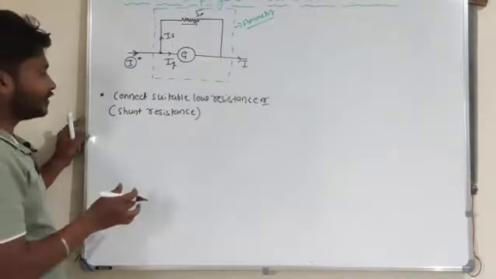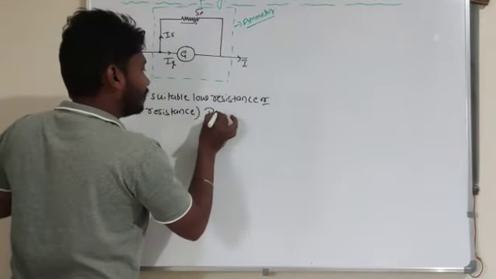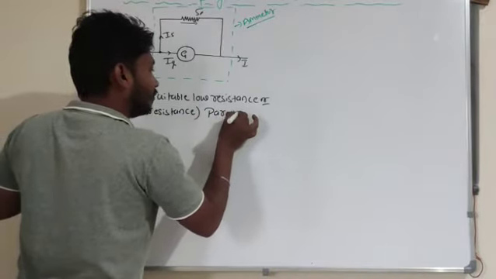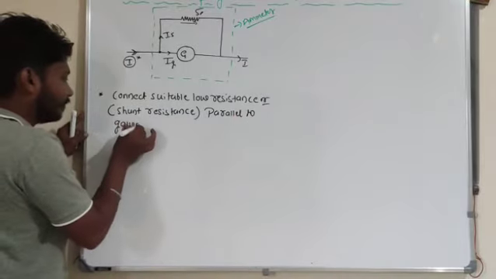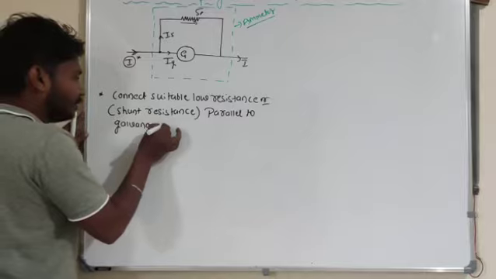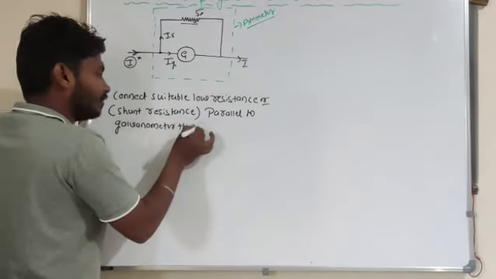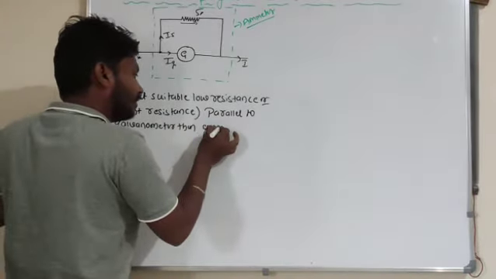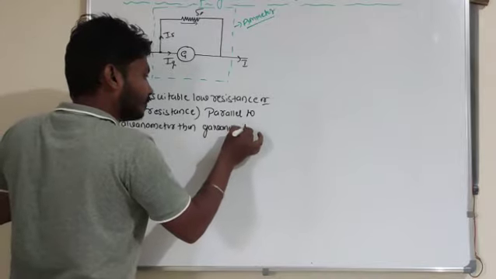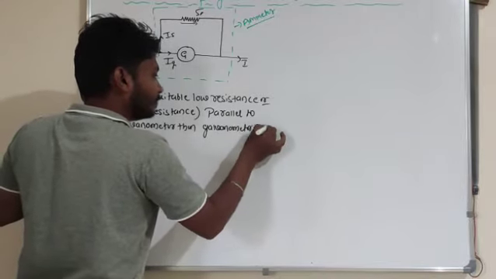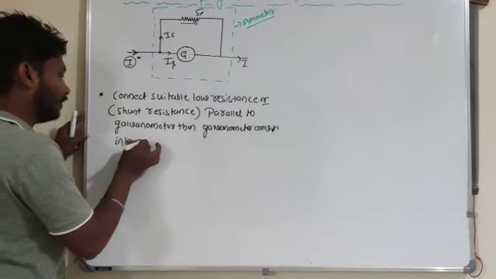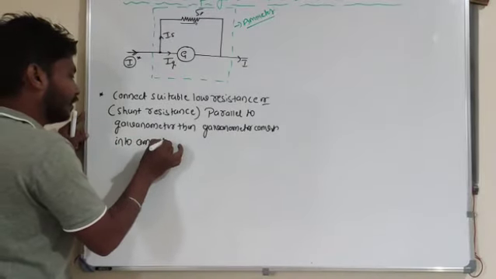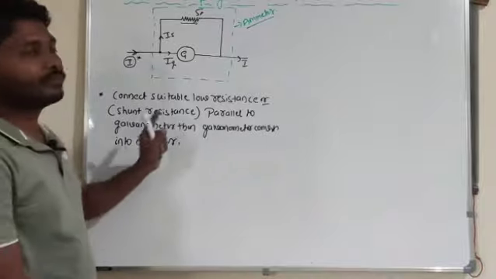Connect a suitable low resistance or shunt resistance parallel to the galvanometer. Then the galvanometer will get converted into an ammeter.